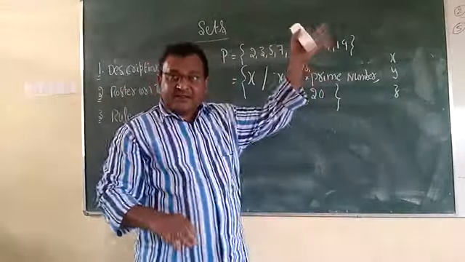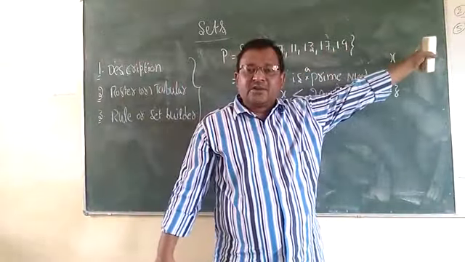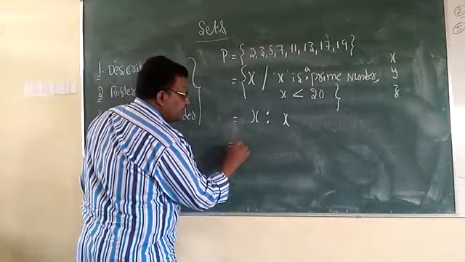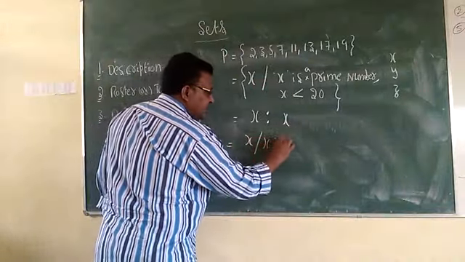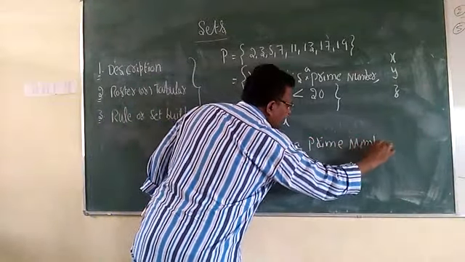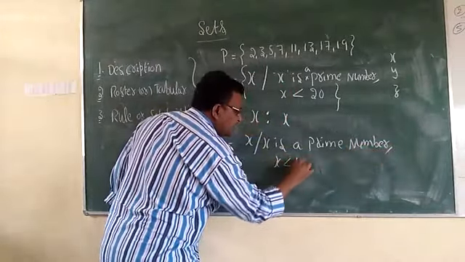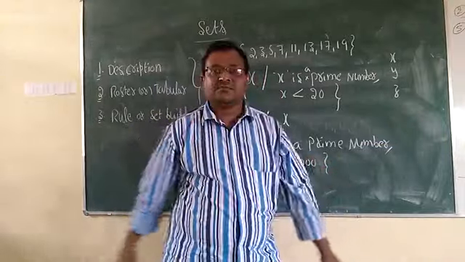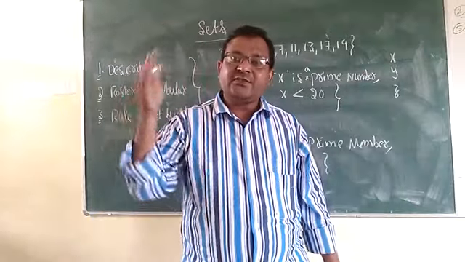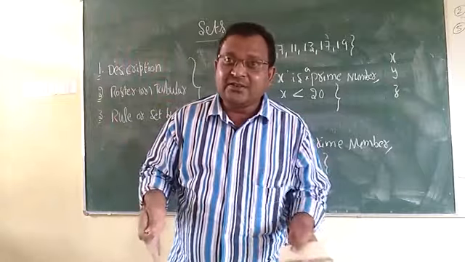And sometimes big sets also will be there. Prime numbers up to 1000, that means less than 1000. We need not write all of them. By using set builder form, we simply write x such that x is a prime number and x is less than 1000. To represent Indians, the population of Indians is 130 crores.